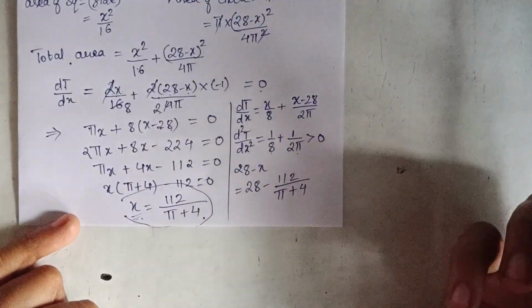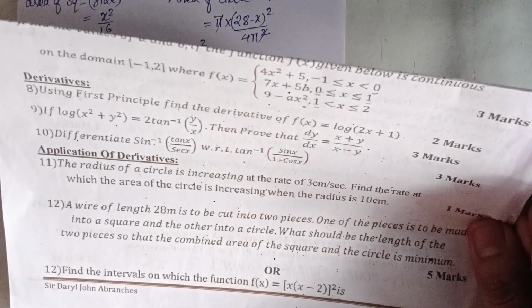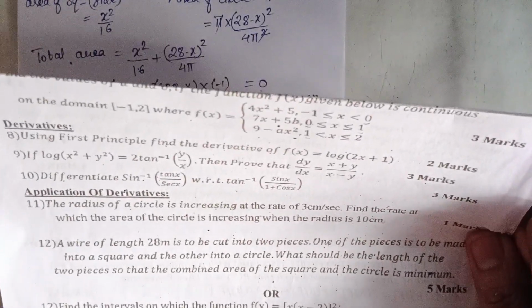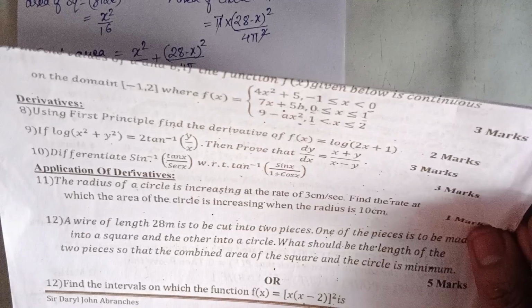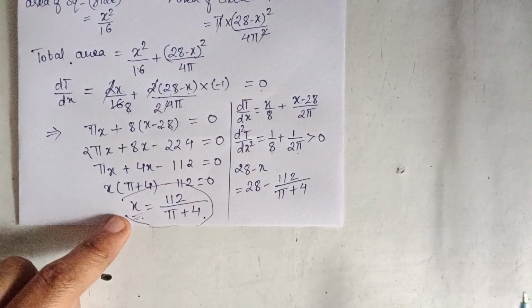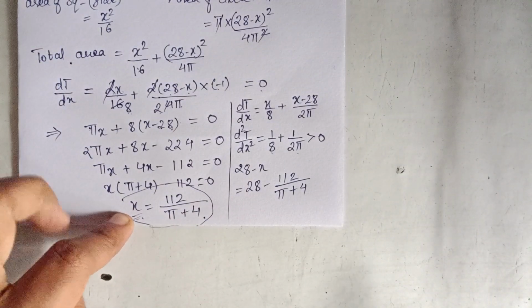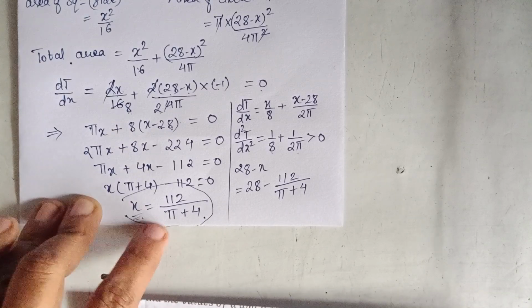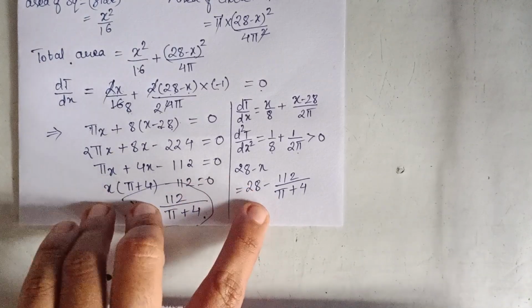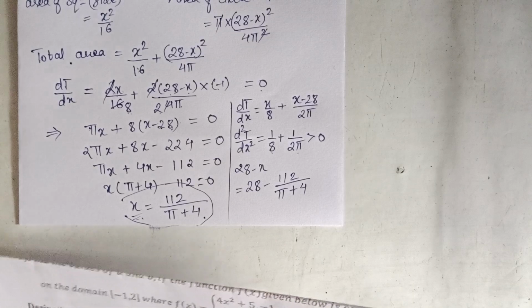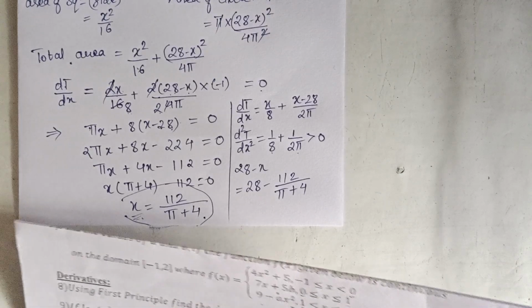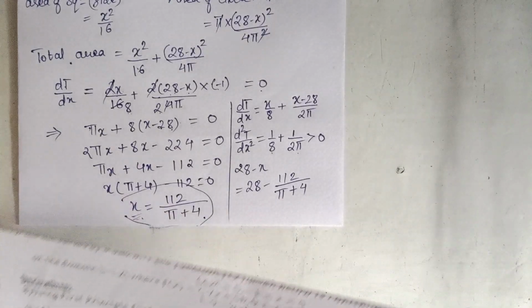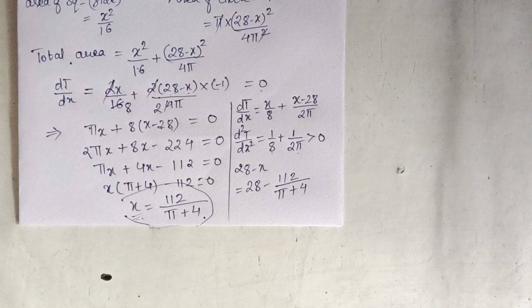So the length of the two pieces, so that the combined area of the square and the circle is minimum, is this. This is the length of a square and this is the length of a circle, when the combined area is minimum.